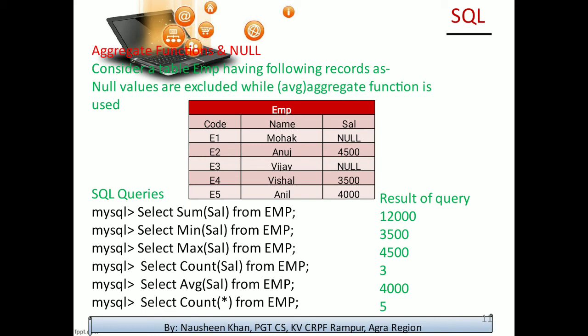So it will count the number of rows, not only the sal column. There are a total of 5 rows in this table. That means the result will be 5. You have to note this difference between count(sal) and count(*). Asterisk means all the columns.